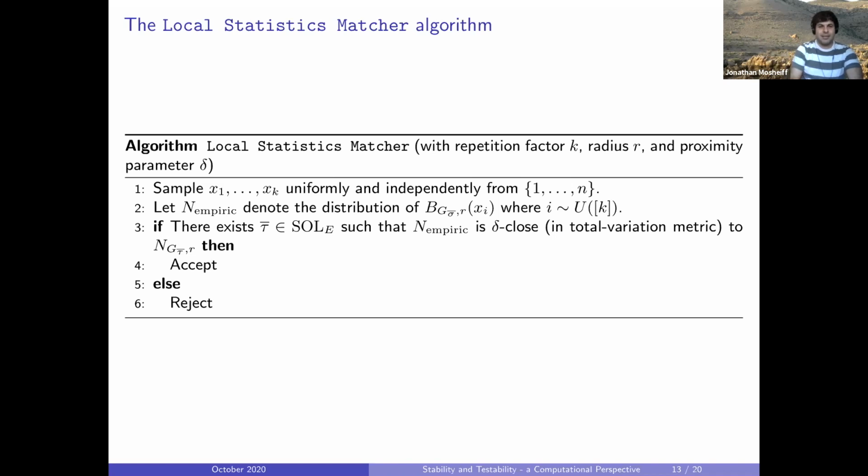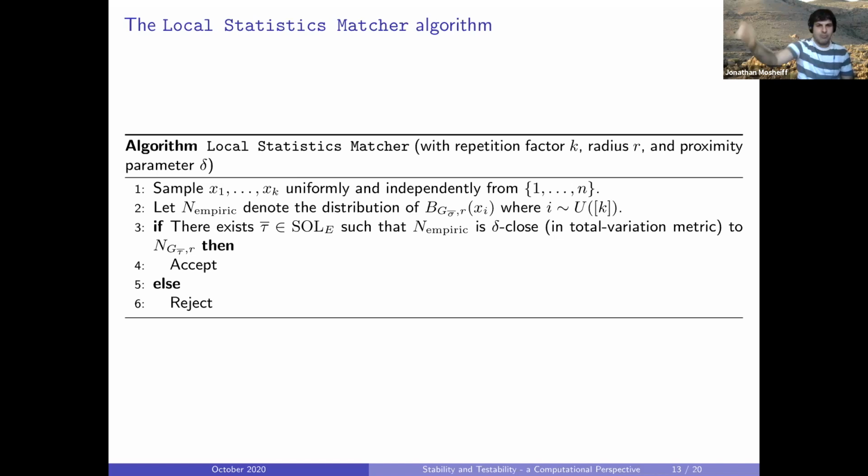Say you have two permutations, a and b: you check what's a of x, b of x, a of b of x, b of a of x, b of b of x, and so on. You cover all strings of length at most r, and you get a picture of what this radius r ball looks like. Making these queries corresponds to querying an edge of this graph: you're at a vertex x, and you're asking where the edge labeled s leads to.